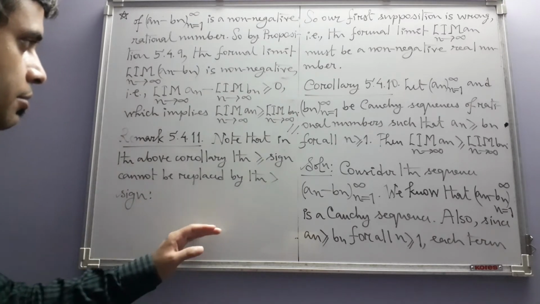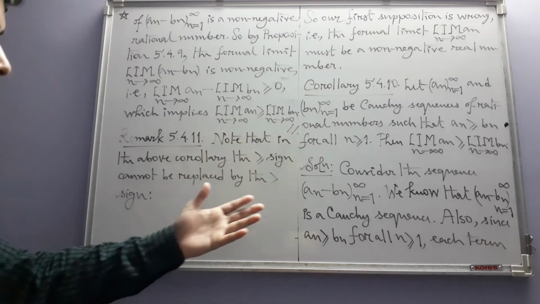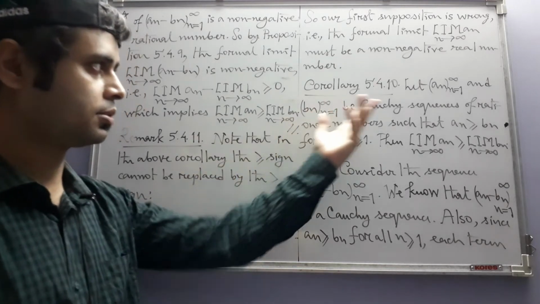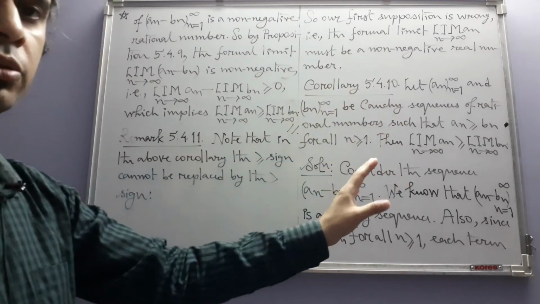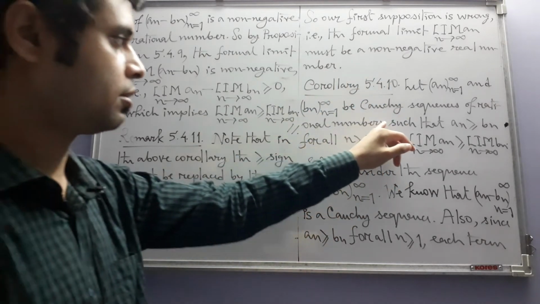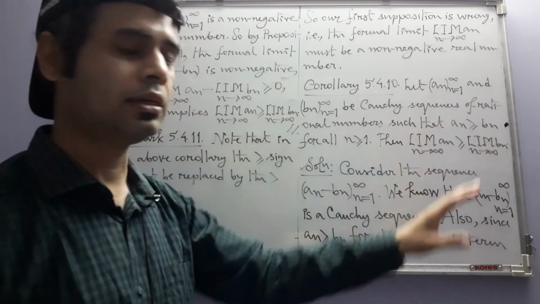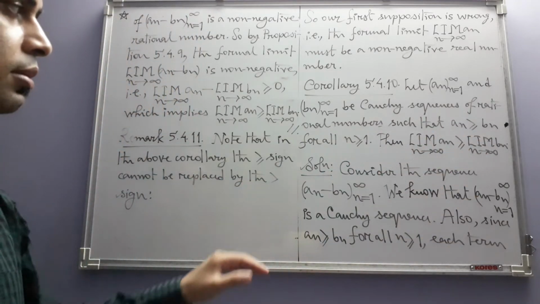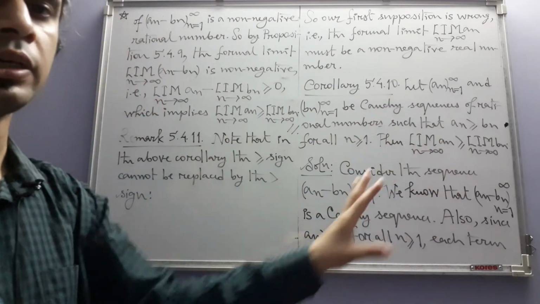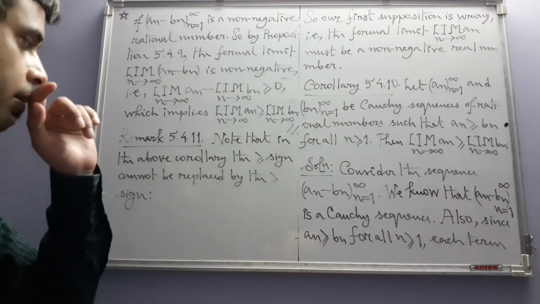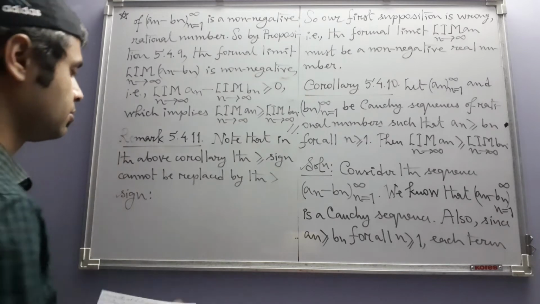Okay, that means if you change the statement of this corollary like this, an and bn are still Cauchy sequences of rational numbers, but an is strictly greater than bn, then you cannot conclude that the limit of an is strictly greater than the limit of bn. And that can be seen with this example.